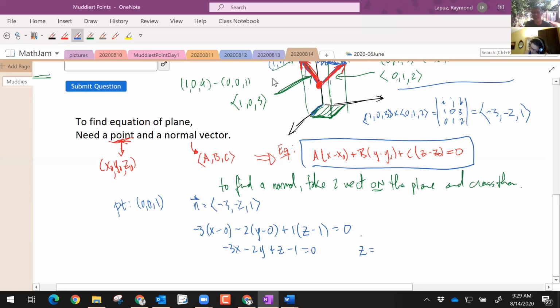Also, I guess if you're going to find the integral, you probably want to solve for z because you want this to equal f of x, y. So I think if you bring everything over to the other side, everything will be positive. z equals 1 plus 3x plus 2y. All right. So that's our plane.